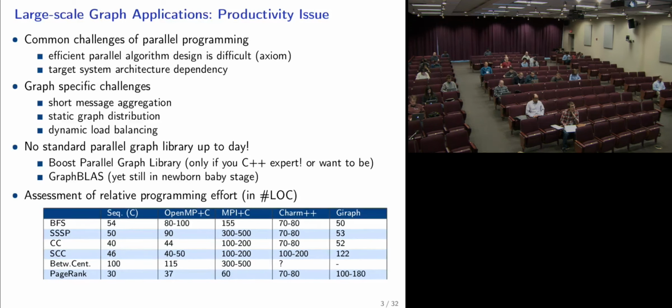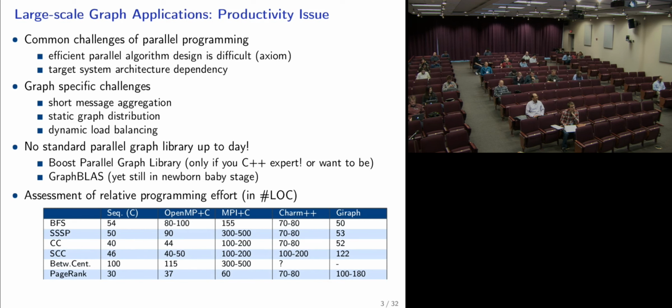We all know that the design of efficient parallel algorithms is very challenging, and it frequently relies on the computer system architecture, such as interconnect topology or the presence of GPUs or CPUs. So it always takes a lot of human resources to develop efficient algorithms for every new application.